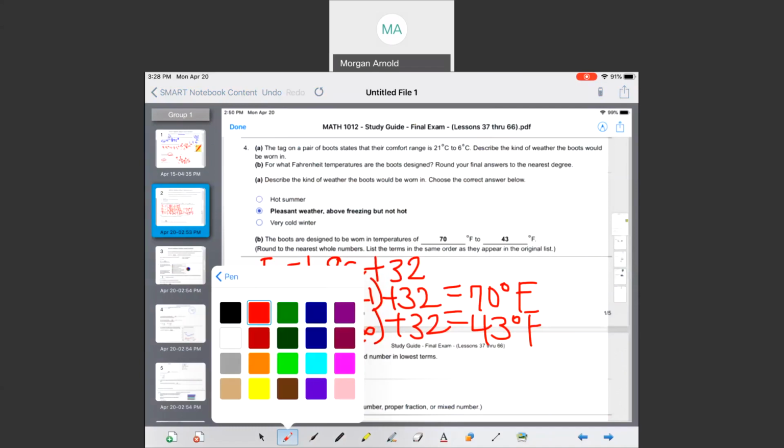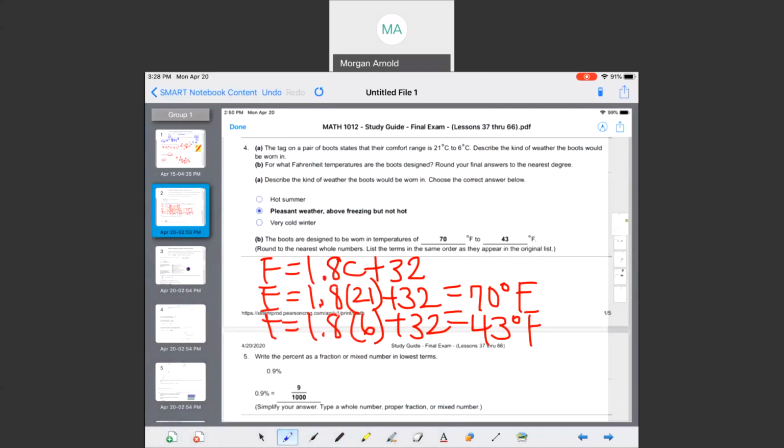Number 5, write the percent as a fraction or a mixed number in lowest terms. The word percent literally means per hundred. So you put 0.9 over 100. Change 0.9 into just a whole number.